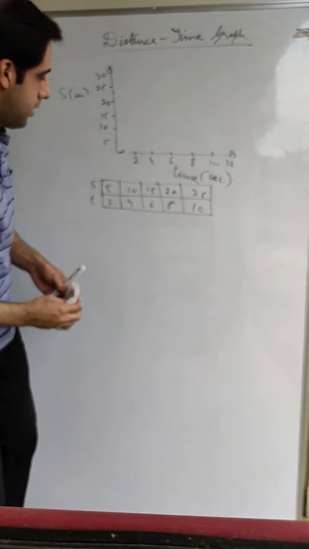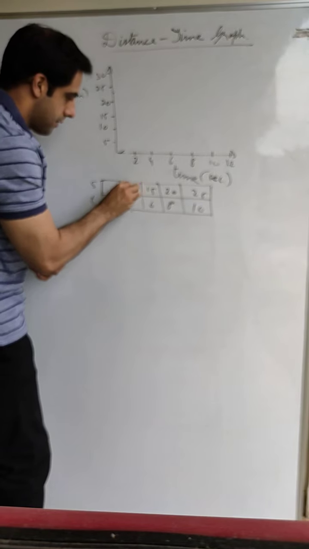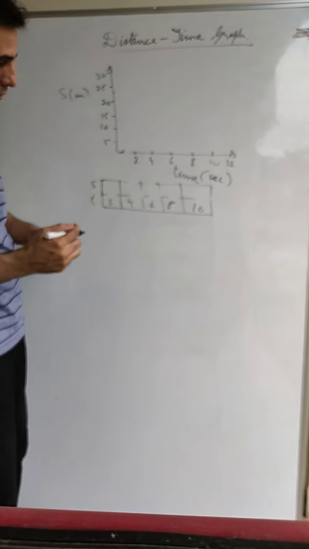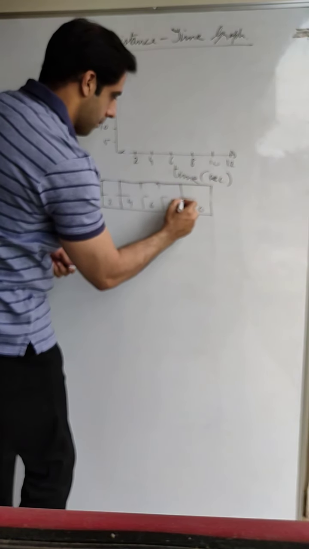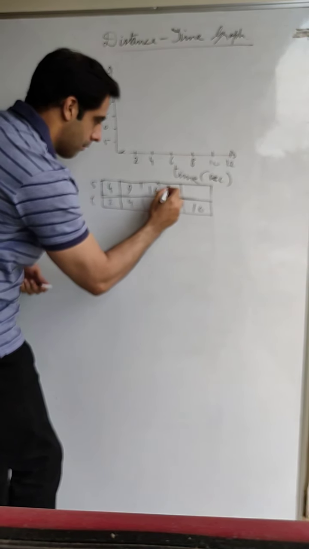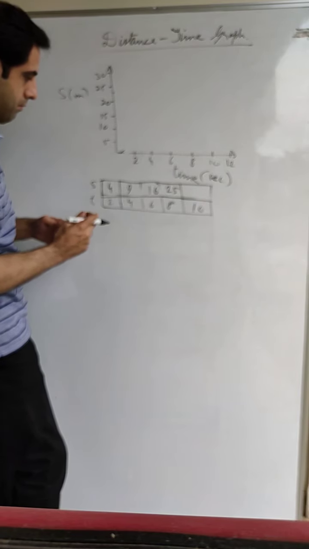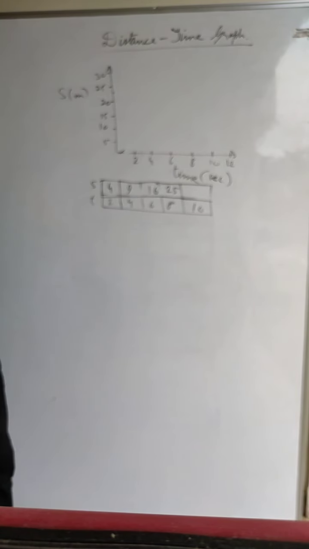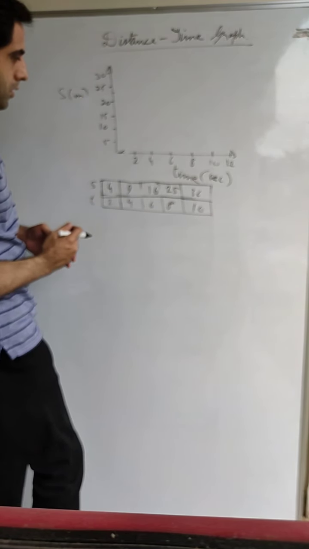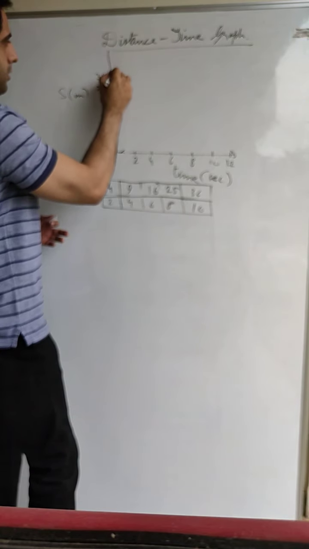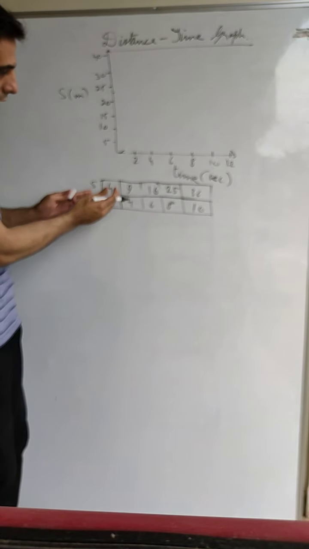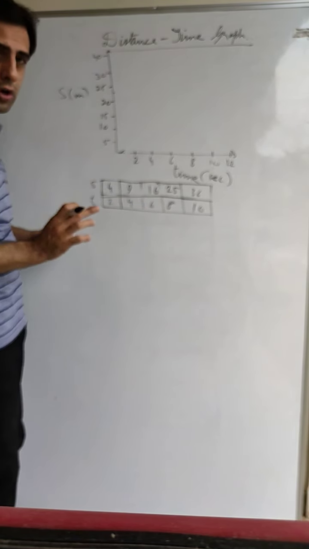Let us change the distances. Let us say this. Okay, so I'll extend it a little bit till 40. Now if we plot this graph, you can already see that the intervals between the distances are not equal, they are unequal.